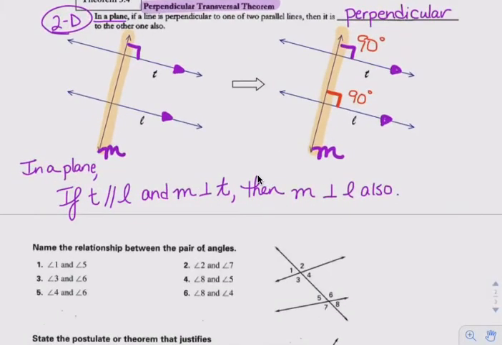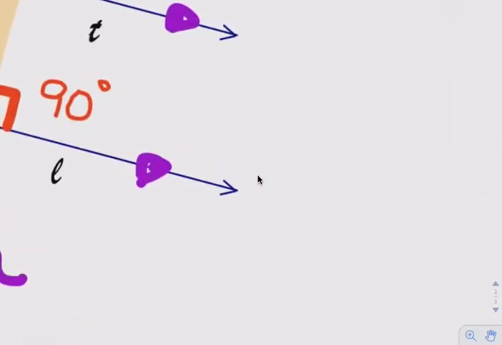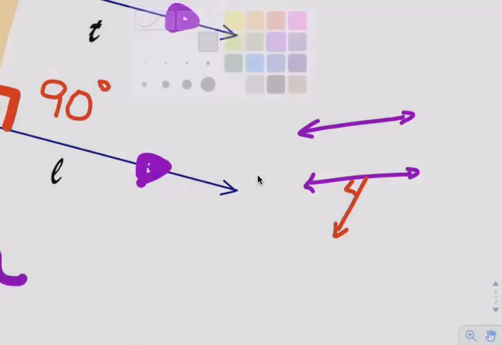Now the 3D situation is something that's kind of hard to explain without demonstrating, but basically if you have two lines that you know are parallel, and you pretend this line is coming towards you in such a way that it's not in the same plane, so it would be making a perpendicular here, then this red line would be skew to this other parallel.